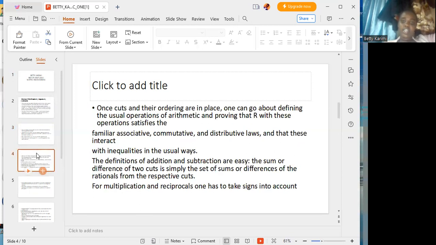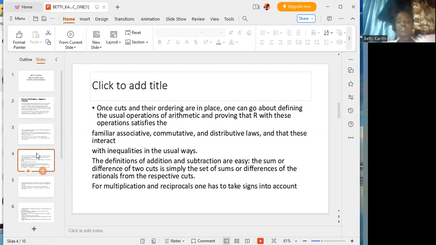Once cuts and their ordering are in place, one can go about defining the usual operations of arithmetic and proving that R with these operations satisfies the familiar associative, commutative, and distributive laws, and that these interact with inequalities in the usual ways. The definitions of addition and subtraction are easy. The sum or difference of two cuts is simply the set of sums or differences of the rationals from the respective cuts.